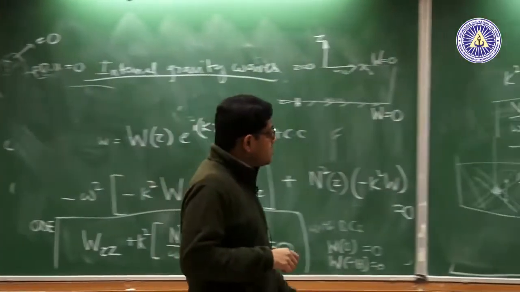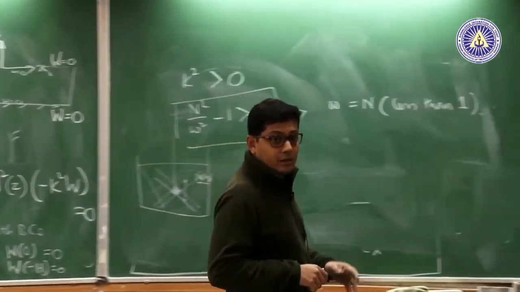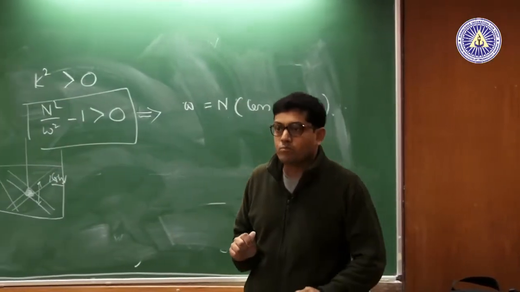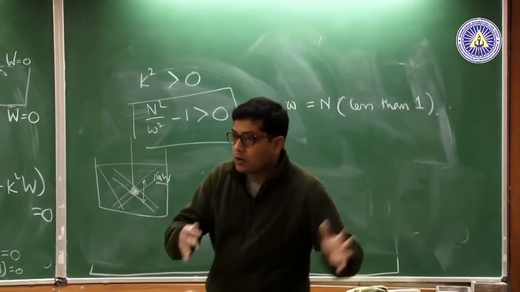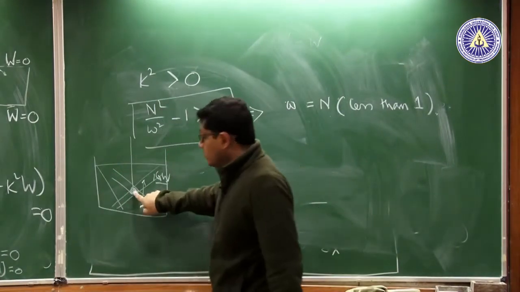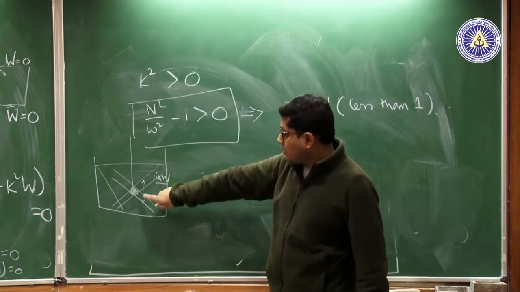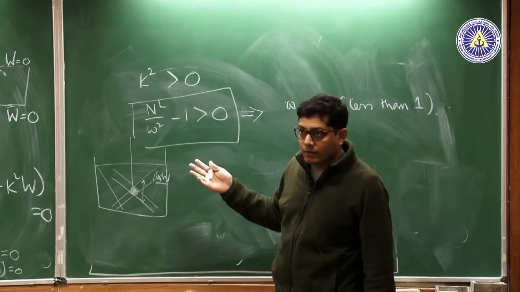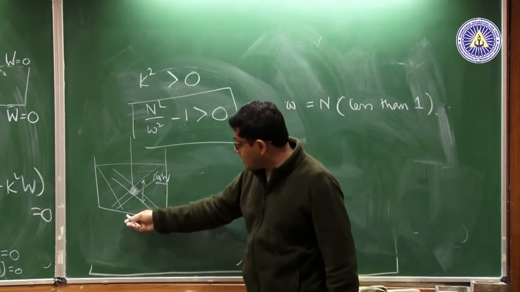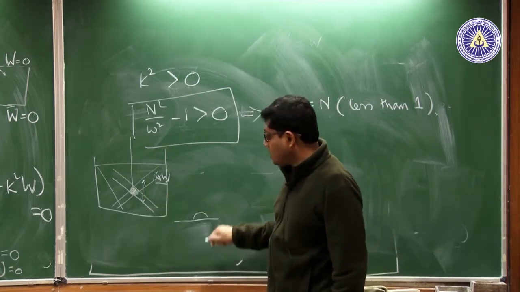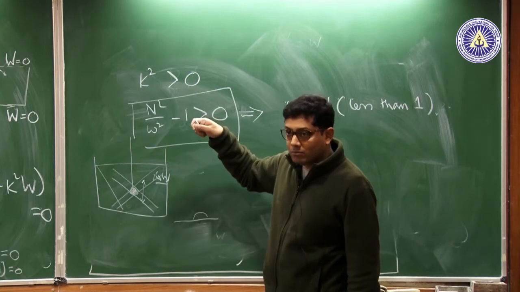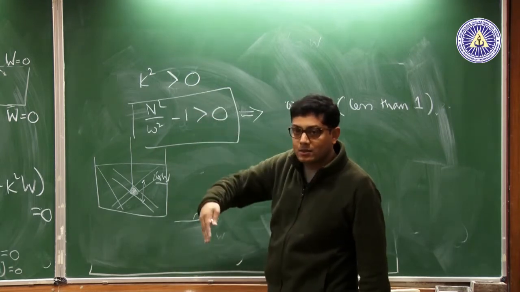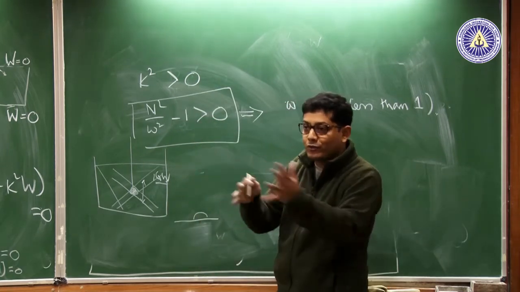So in oceans, who supplies you omega? Tides. No one is actually holding a pendulum and causing it to oscillate in the ocean to generate internal gravity waves. The pendulum is like a mountain, and you do not move it like this; it is the tide that goes to and fro.